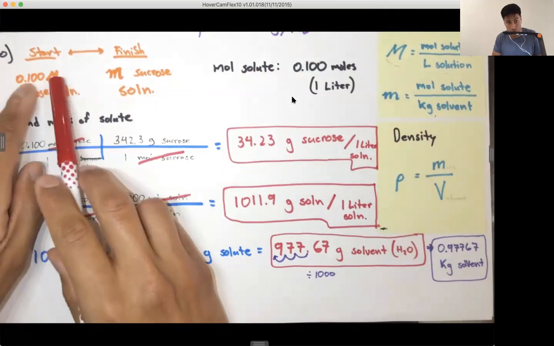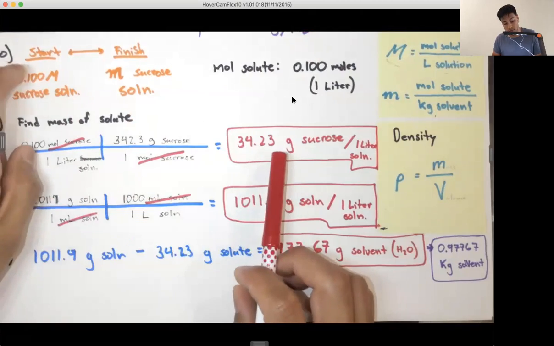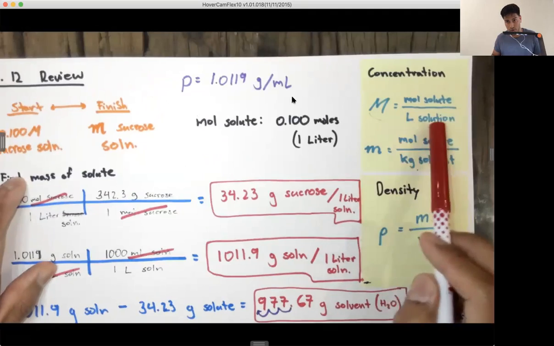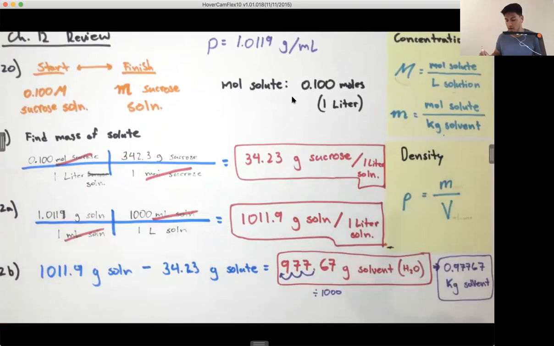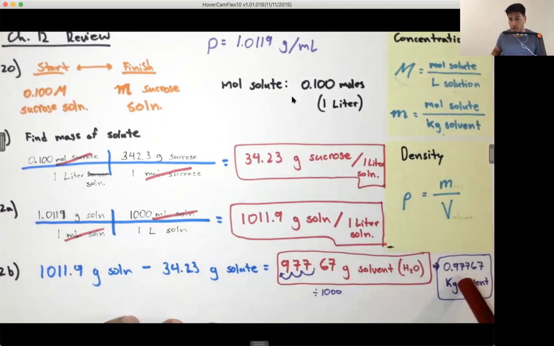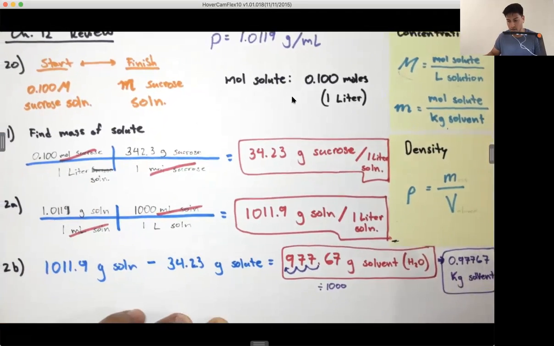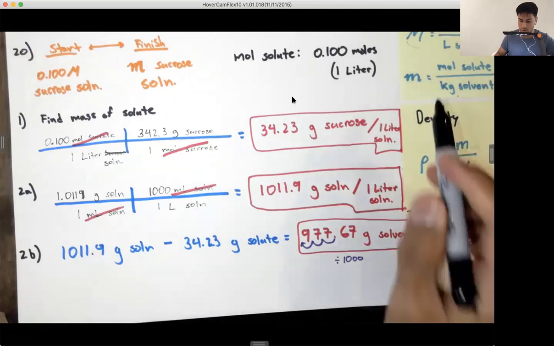So we're going to use the moles of the solute, which we know is 0.100 moles per 1 liter. We're still always referring to this as a 1 liter solution. The solvent in a 1 liter solution is going to have a mass of 0.97767 kilograms. So let's find the molality now using this equation.